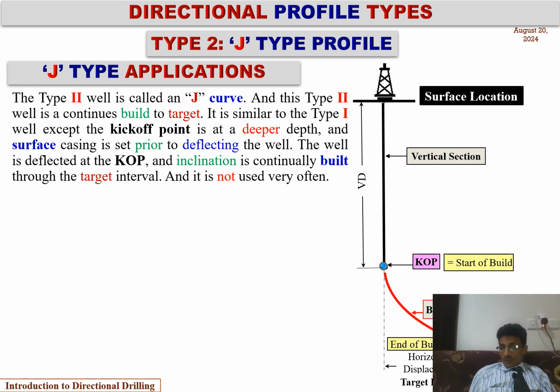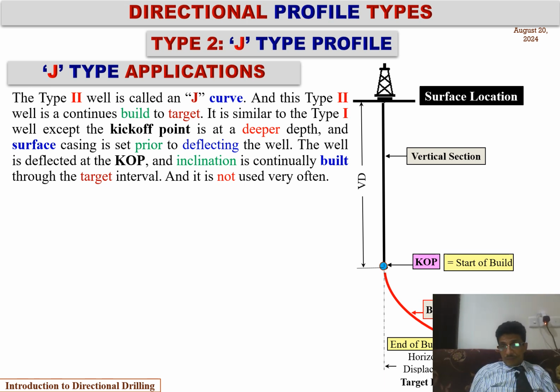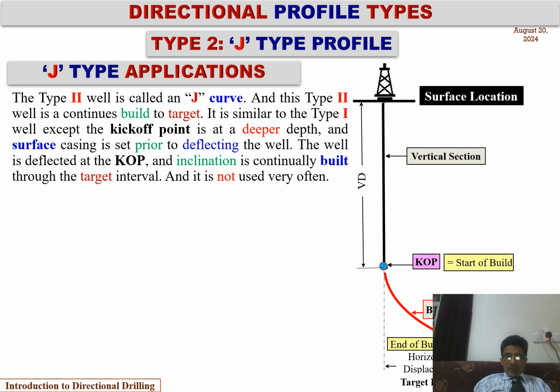From the surface location to the kickoff point, the vertical depth is high, and the surface casing is set above the deflection of the well. Inclination is continually built through the target interval, and it is not used very often.